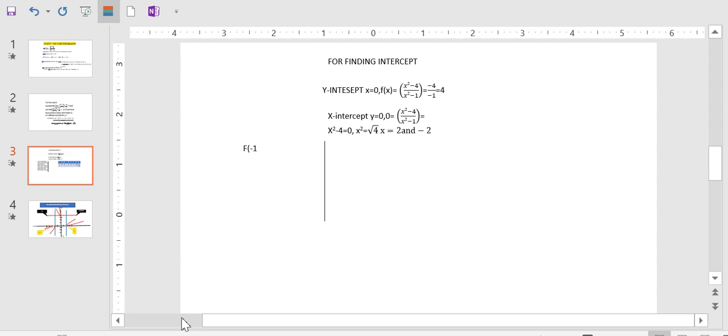For the x-intercept, y will be equal to 0, and we find x1 and x2 equal to the square root of 4, that is 2 and negative 2.